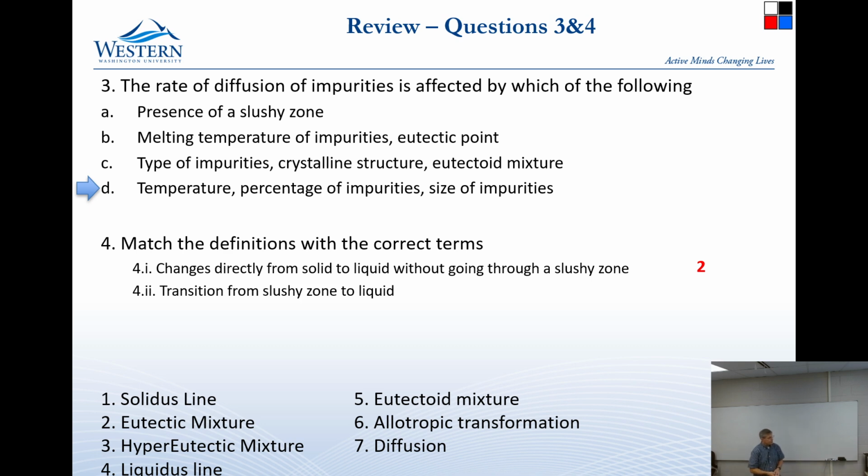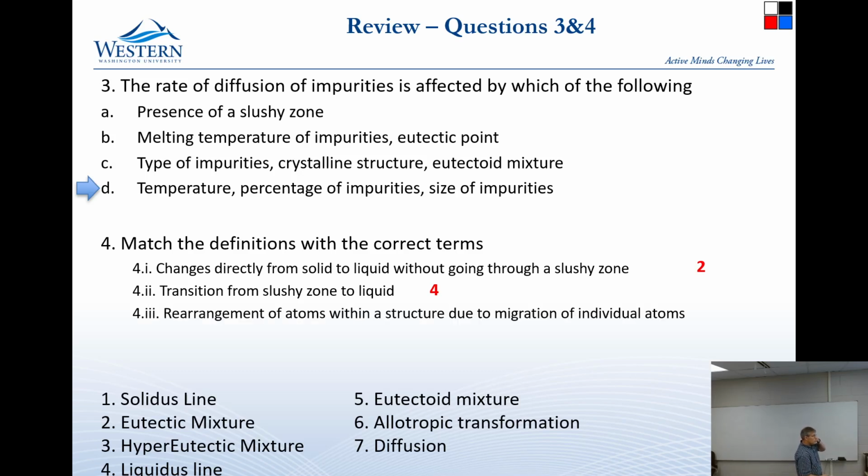Transition from slushy zone to liquid. Some 4s, mostly 4s, some 1 through 5. It is the liquidus line. So the line from something that's partially liquid into fully liquid is the liquidus line. The solidus line is from solid to anything else. And so that is at the edge of the solid zone.